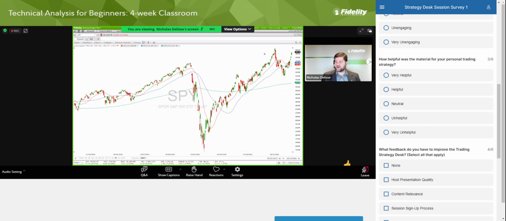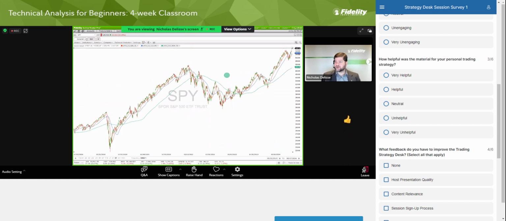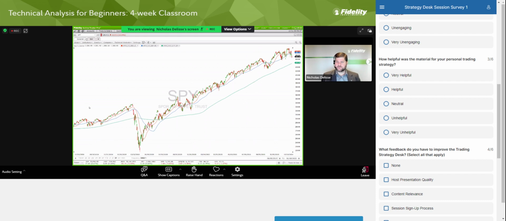Let me zoom back out again, and we're going to zoom in from twice. We're going to look at this. And we can see over here on the left, price crosses the 20 and then the 50 and back up above, but it's a lot more interactions with the 20 than the 50, but it stays up above the 200 over here. And then let's take a look at the drop.